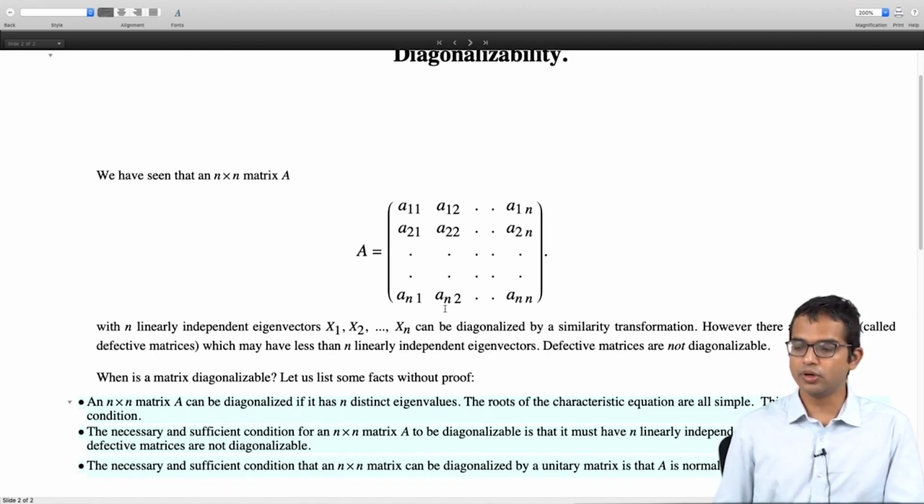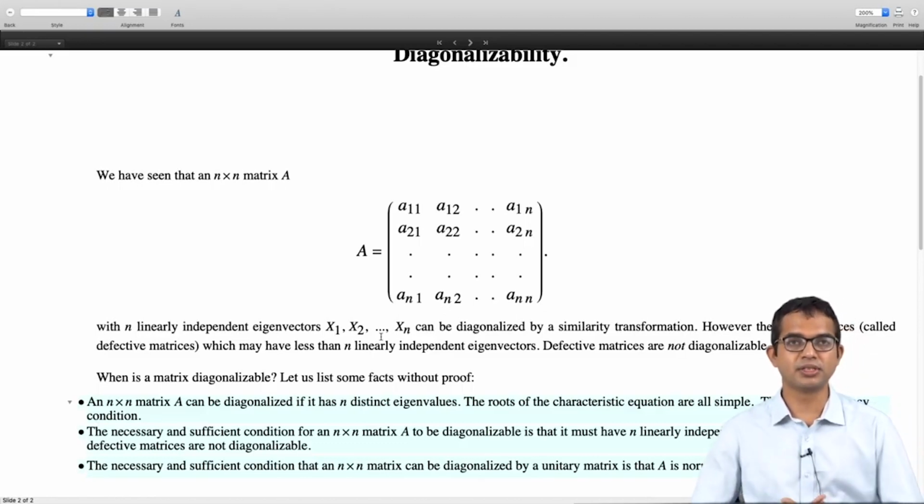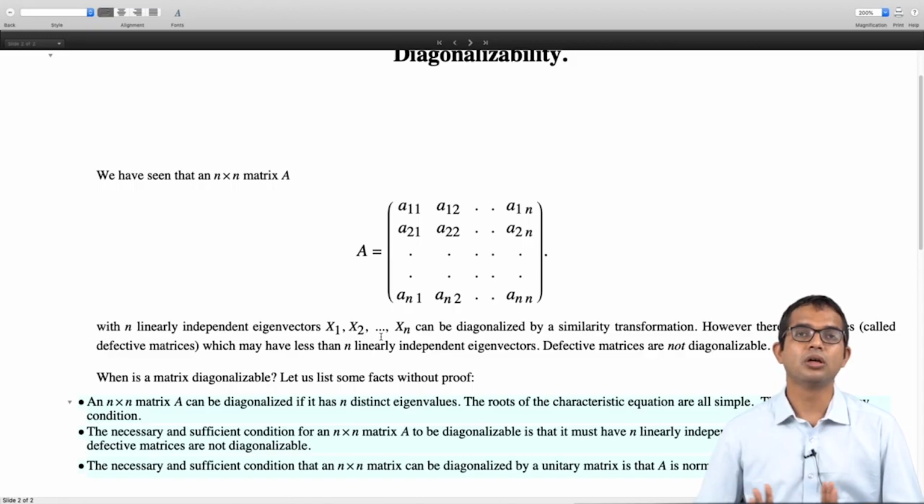So we won't go into a rigorous proof of any of these statements, but we will collect together a bunch of facts which pertain to matrix diagonalizability, right? First of all, there is a simple sufficiency condition. We have already seen that if a matrix has all distinct eigenvalues, then for sure its eigenvectors are going to form a linearly independent set, guaranteed.